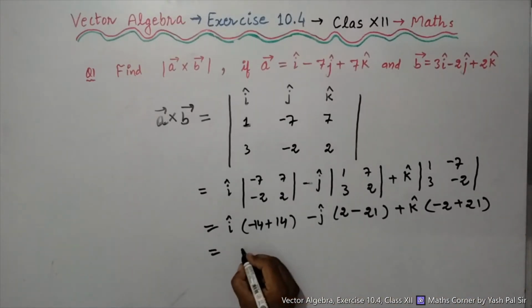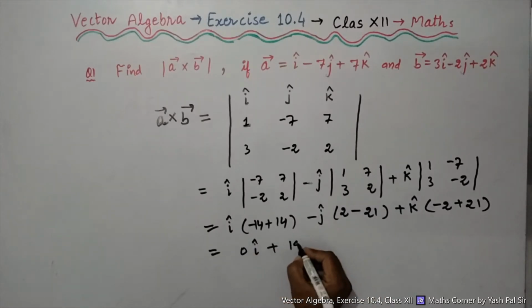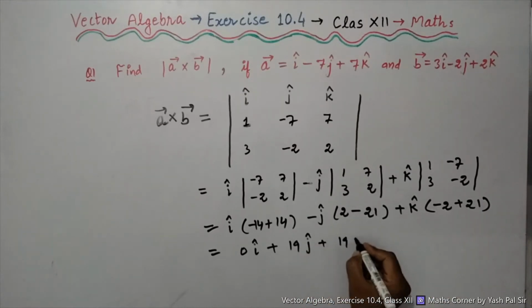So this is equal to 0i minus minus plus 19j plus 19k. So this is A cross B.